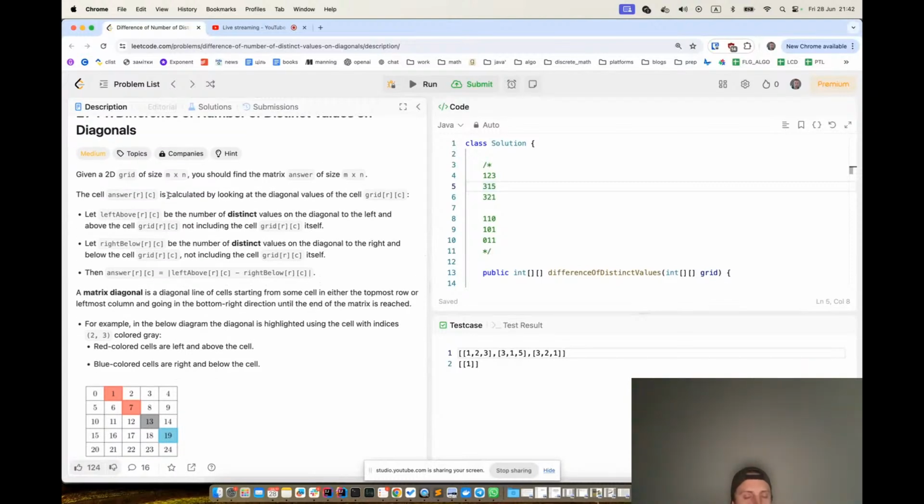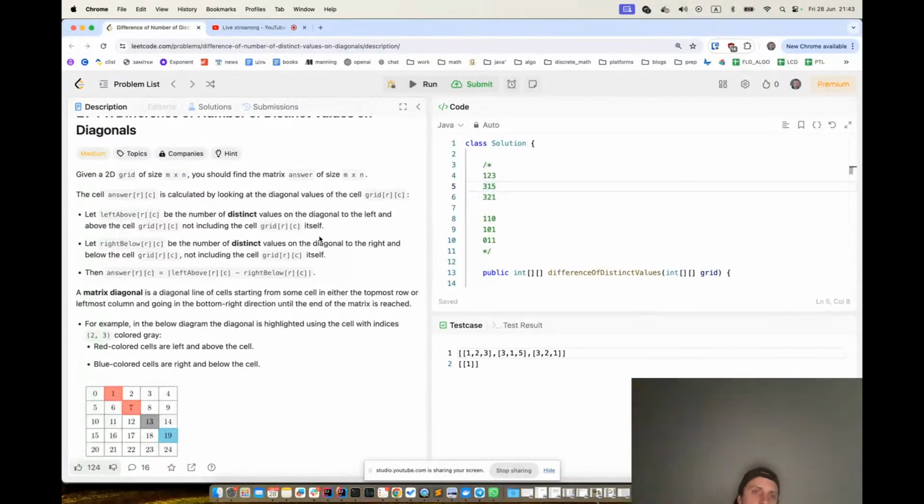Okay, let's write once again. We have a grid, and we look at diagonals. The left above is the number of distinct values on this diagonal to the left and above the cell, not including this cell.